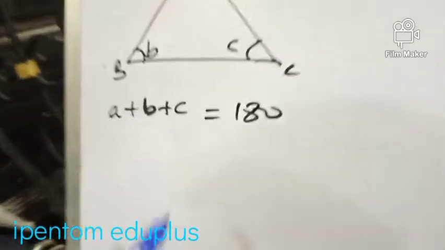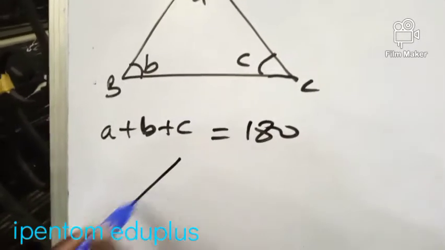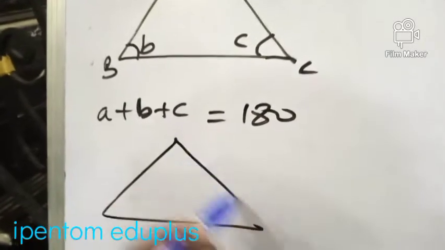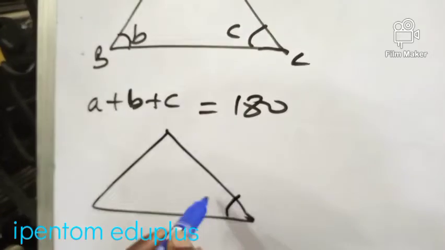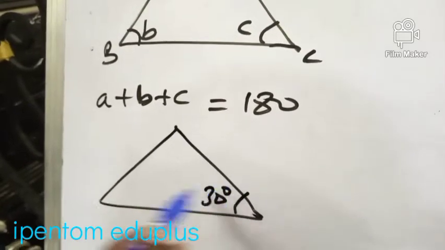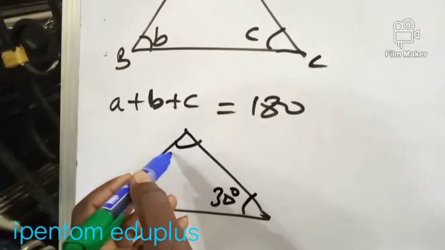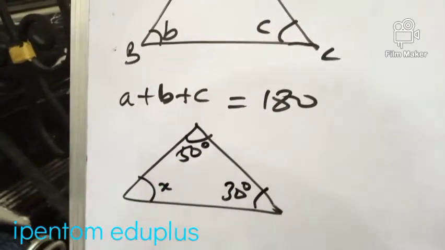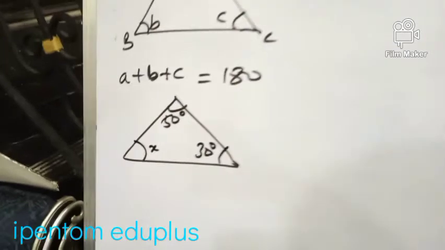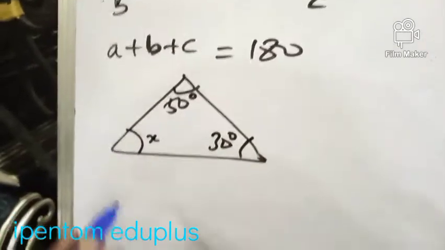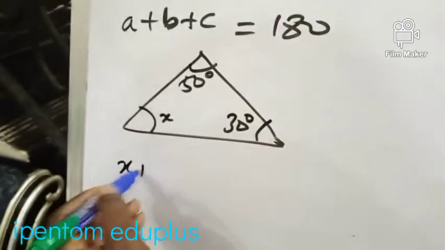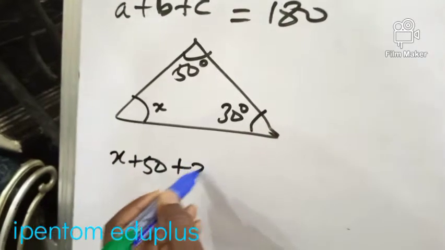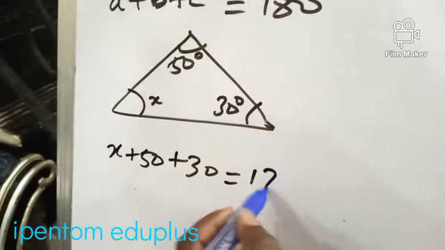So if you are given any two angles, for example, let's say here we have 30 degrees, and this is 50 degrees, and they ask me to find the value of x. I can use my knowledge of the sum of angles in a triangle, which should be x plus 50 plus 30 equal to 180.